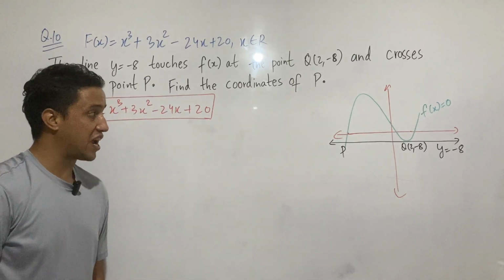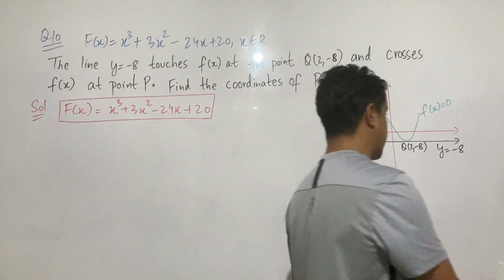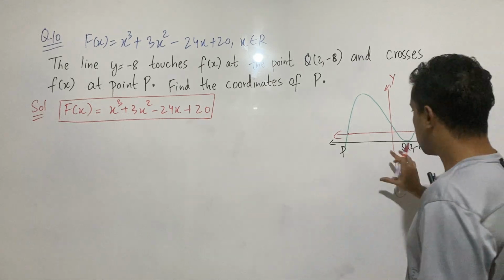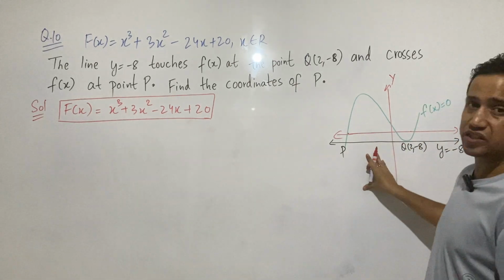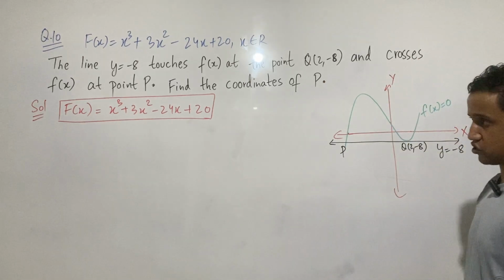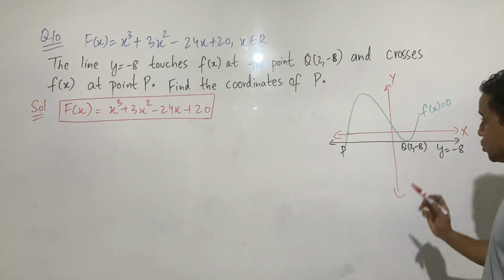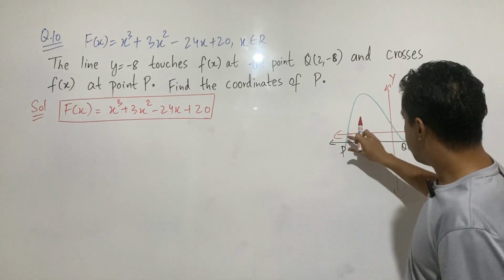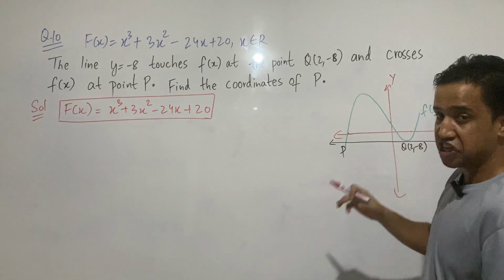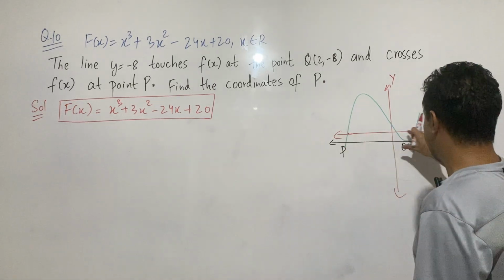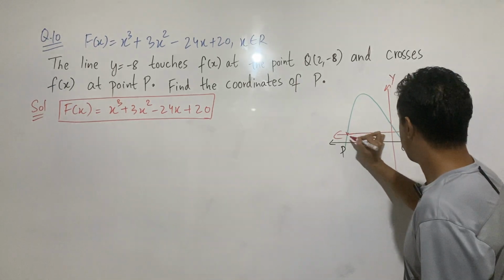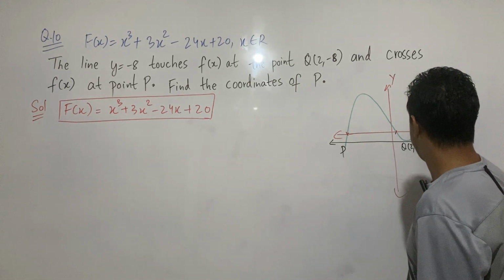For example, this is your x-axis, this is your y-axis. Now do not look at this line y equals -8. Just look at this graph, the curve of f(x). You can see that this green curve is touching or crossing the red x-axis at this point and this point.